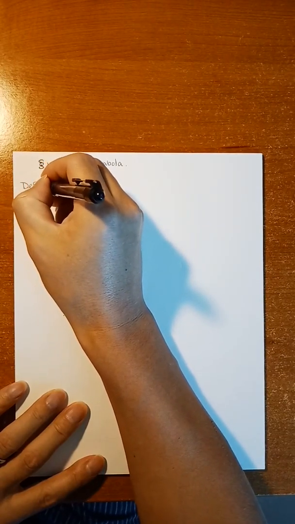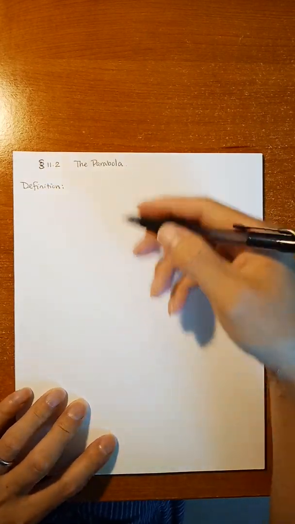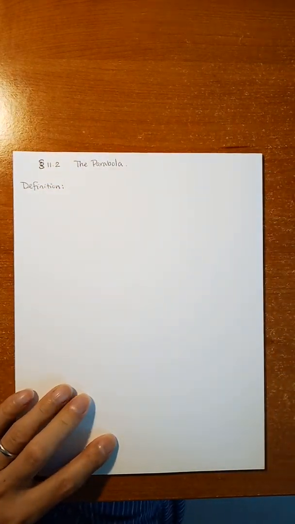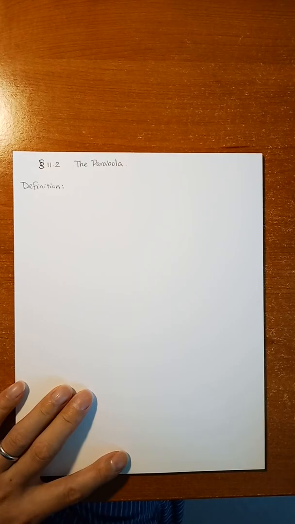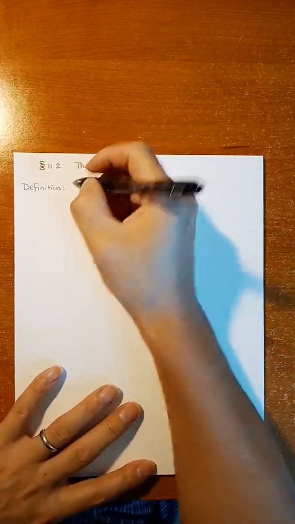What is a parabola? We always say that the quadratic equation has the graph as a parabola, but what this word parabola really means here. This is a definition.